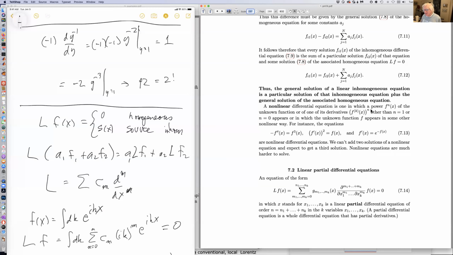By a power, I mean a square, a square root, a cube, whatever, or a non-trivial function of the unknown function. So in other words, f prime is e to the minus f, or f double prime is f cubed, or f prime squared is f. These are nonlinear differential equations, and these are hard to solve.